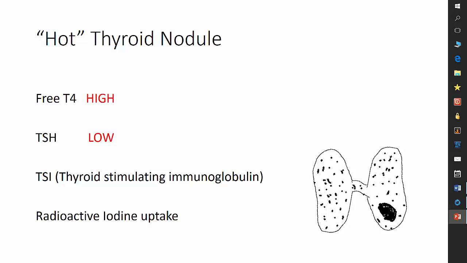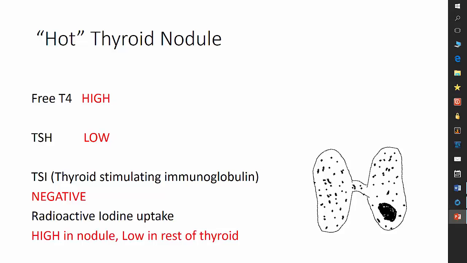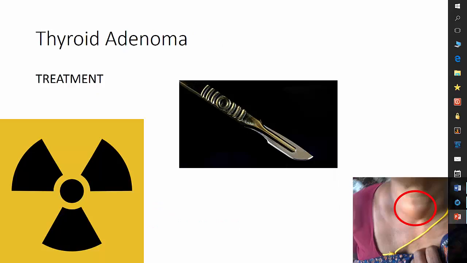The thyroid stimulating immunoglobulin would be negative because we're not dealing with Graves' disease here. And the radioactive iodine uptake would be high in the nodule and low in the rest of the thyroid. Again, the treatment for thyroid adenoma is either radioablation with iodine or surgery. And in this case, because the nodule is hyperactive, it's going to concentrate the radioactive iodine, and you may spare the rest of the thyroid.